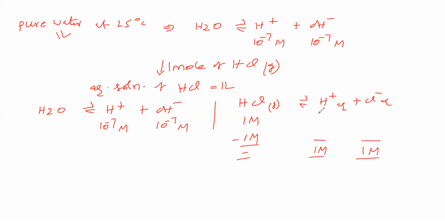Now this H plus goes into this solution only, no? Water provides this much H plus concentration, and now HCl is providing this much. Therefore, the concentration of H plus is 10 power minus 7 plus 1 molar. The concentration of OH minus is 10 power minus 7 molar.